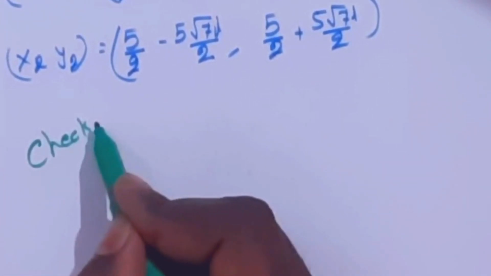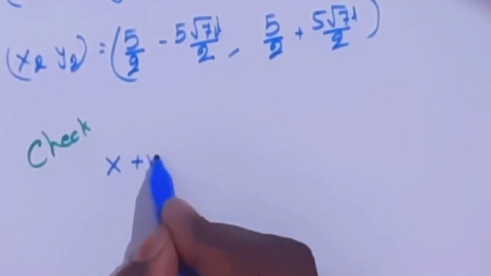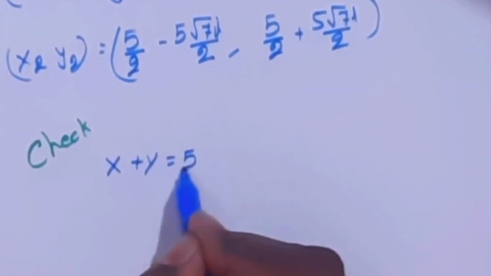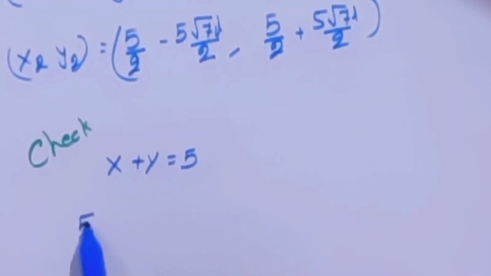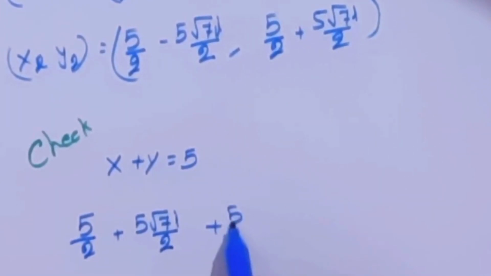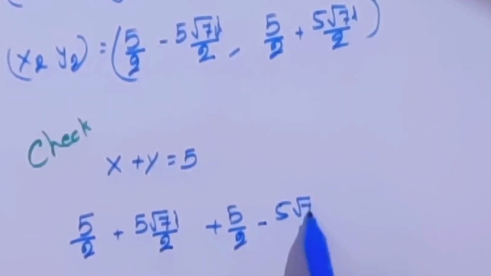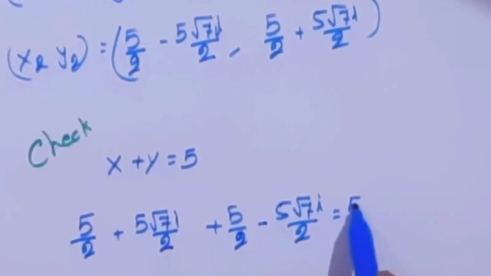Check the solution. The equation x plus y equal to 5: 5 by 2 plus 5 square root of 7i by 2 plus 5 by 2 minus 5 square root of 7i by 2 equal to 5.